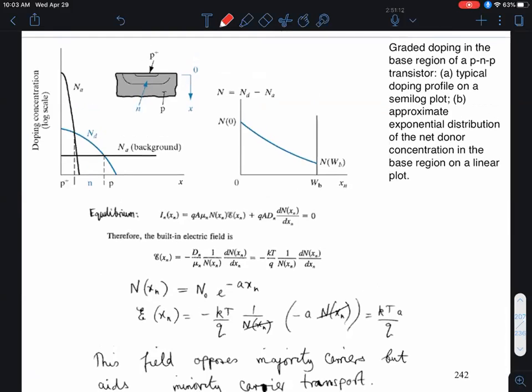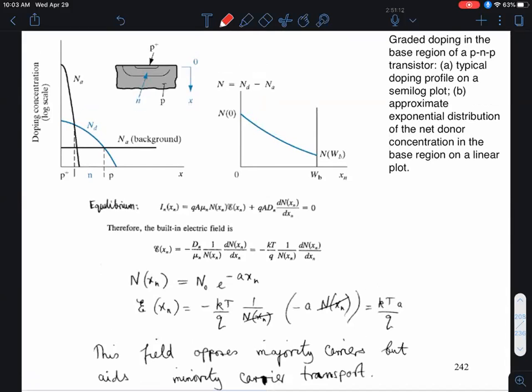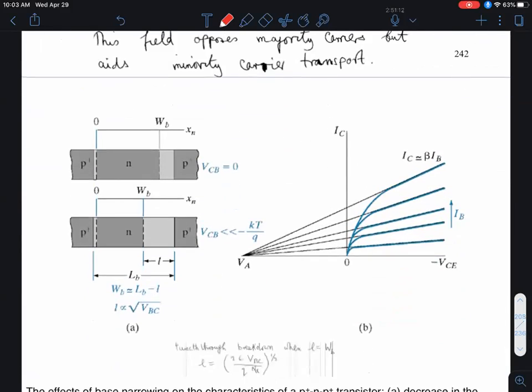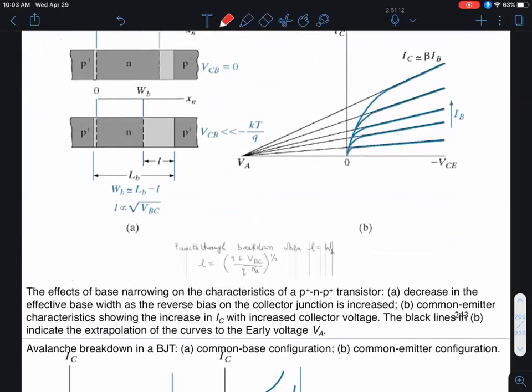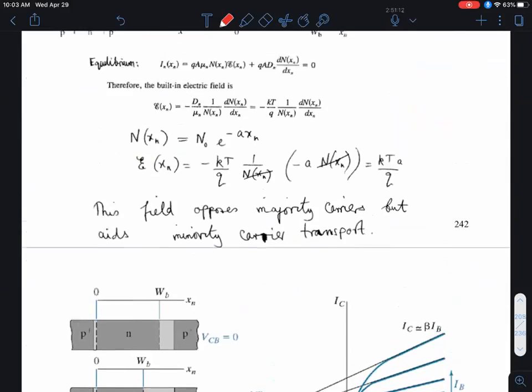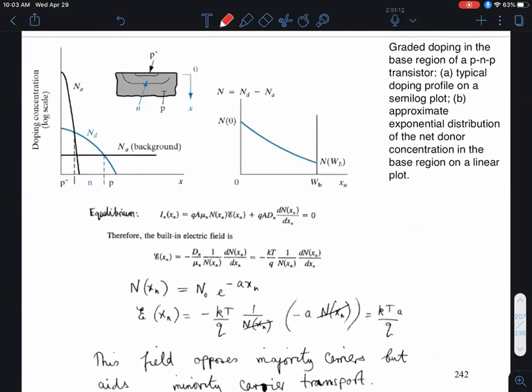So one such complication is illustrated over here in what happens in a practical BJT. If I was to make a BJT, as I illustrated at the beginning of this class today, you'd start with a certain type of substrate, you'd implant or diffuse the base dopant shown as N sub D, okay?